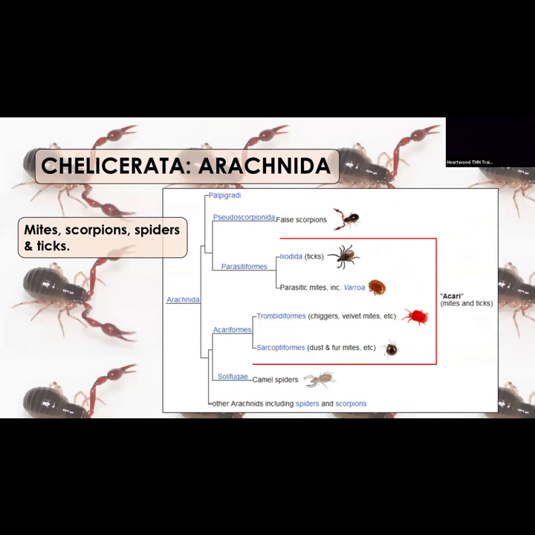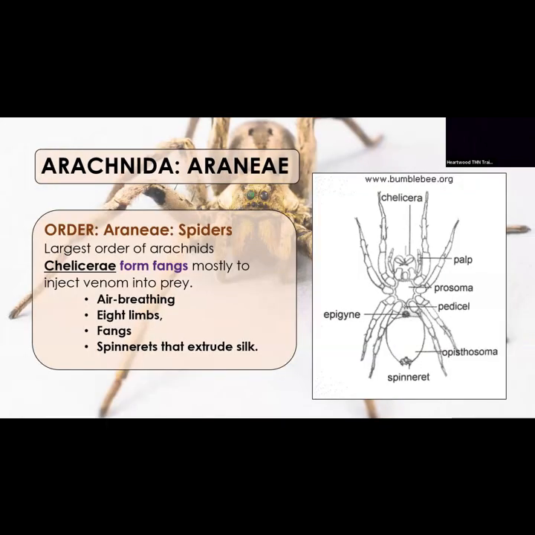Things like varroa mites that feed on and kill honeybees, and ticks that can feed off of any other living organism. There's ticks for frogs, for humans, for birds. And then you've got things like chiggers or velvet mites, and dust and fur mites, and then other spiders. So mites are nestled within spiders in the end. They're all closely related.